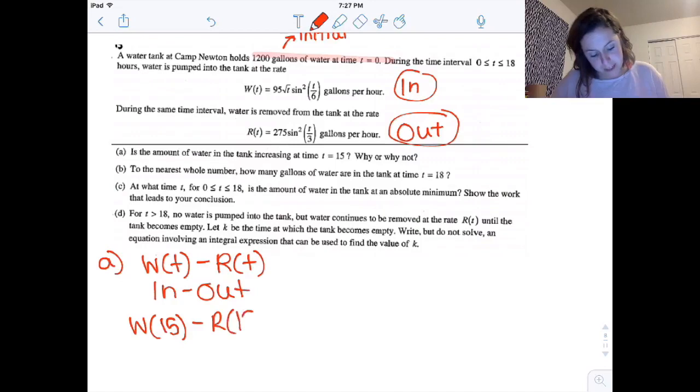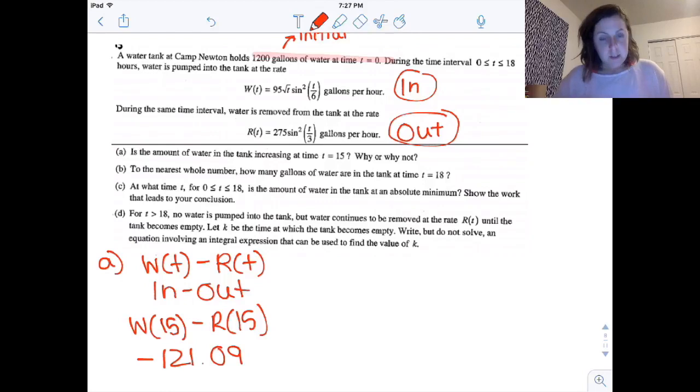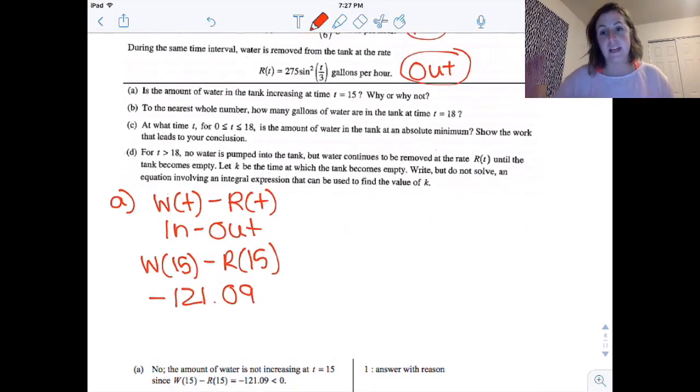This can just go in your calculator. Make sure that you are in radian mode. I'm going to get negative 121.090 for my rate there. If I see that the rate is negative, what I know is that the amount of water in the tank is decreasing.